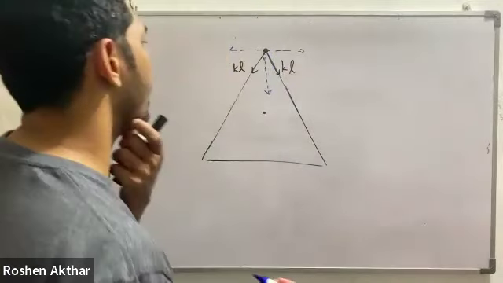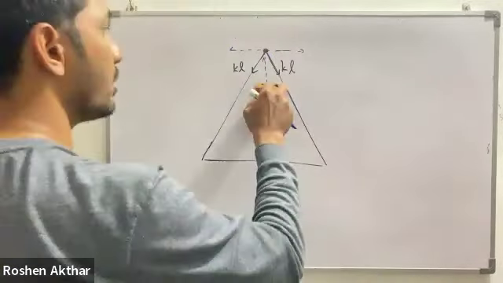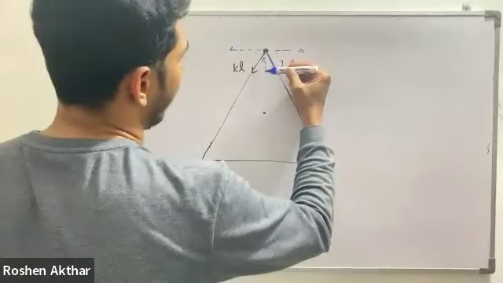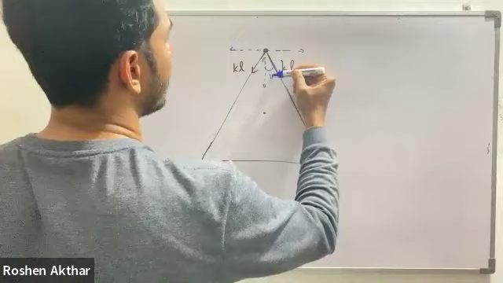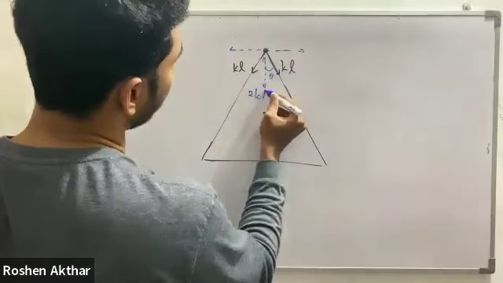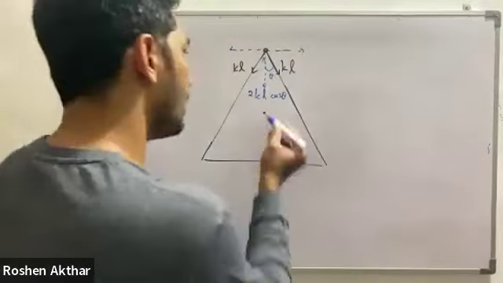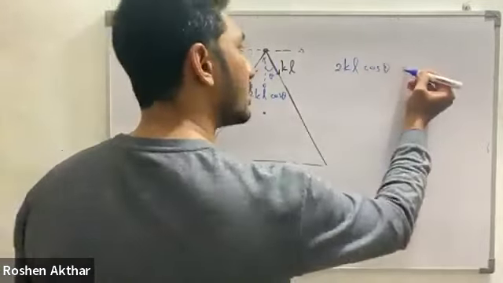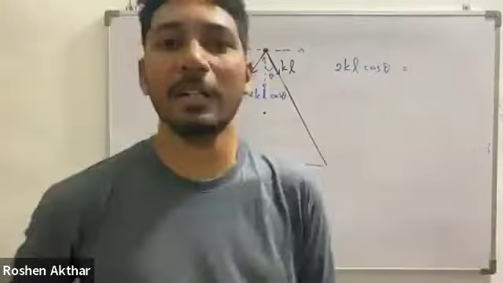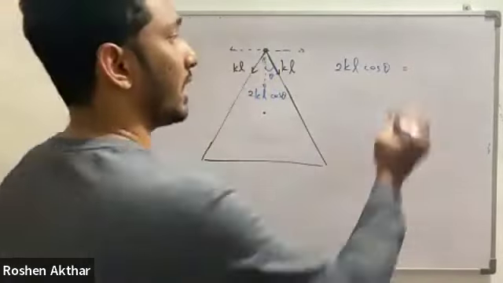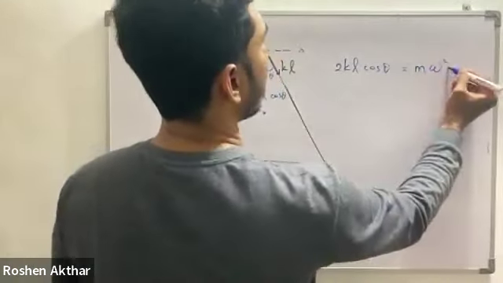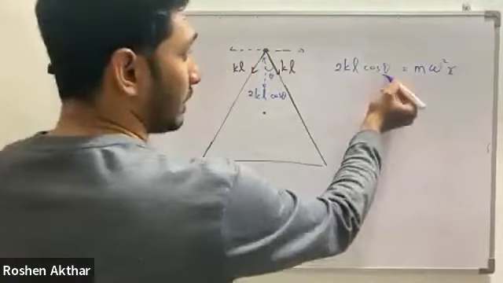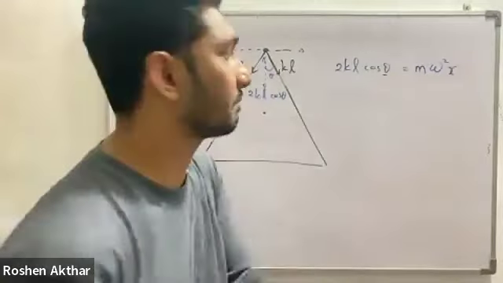So you know that resultant will be 2KL cos theta, provided that the theta is this. So this will be 2KL cos theta. Okay. So that will be equal to 2KL cos theta is the only force. So that should be the force that is giving the centripetal force, which is M omega squared R. So here we don't know R, we don't know theta, a lot to do.